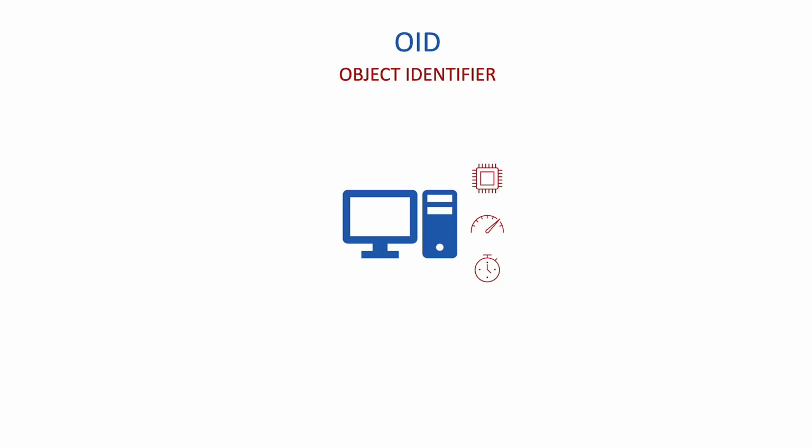Access rights in SNMP version 1 and 2 are managed by defining something called communities. A community is a type of shared password between the manager station and the agent. Basically, it's how we authenticate the SNMP management station.